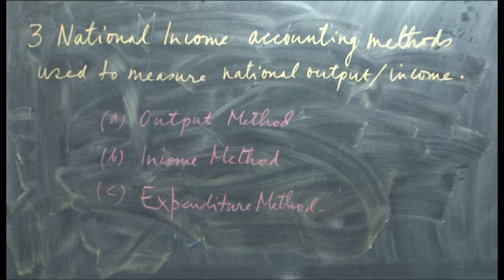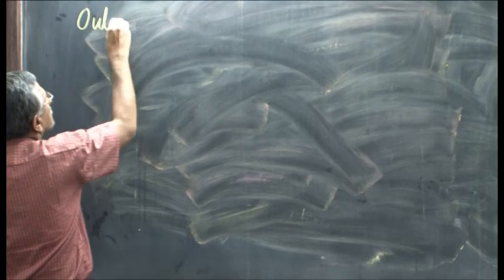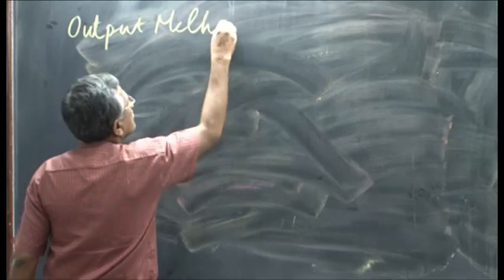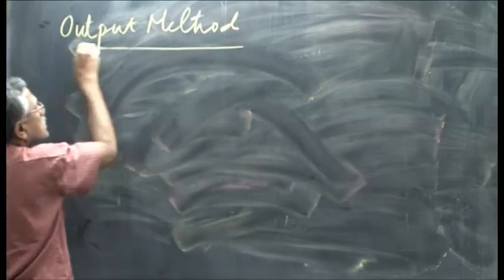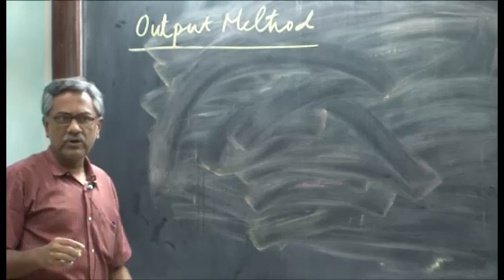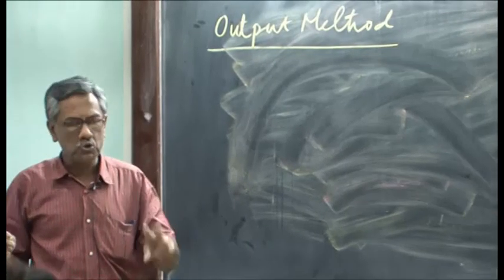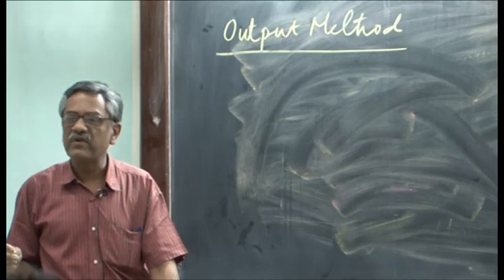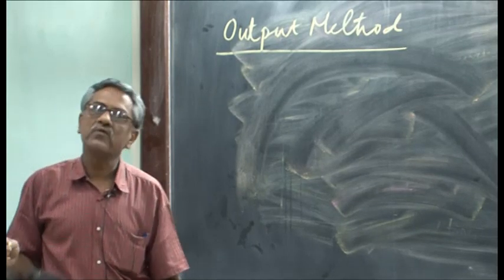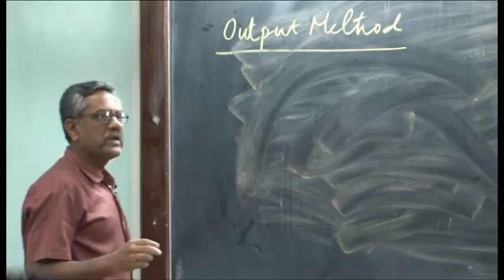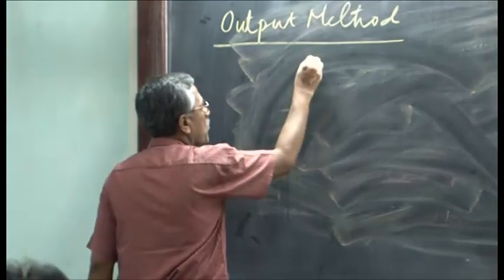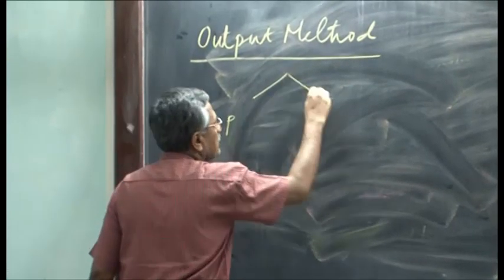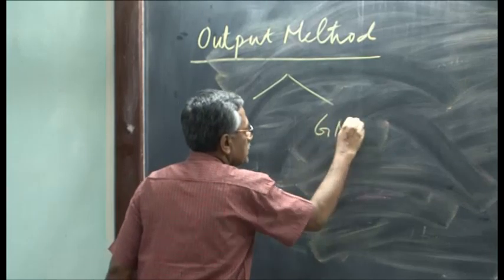Now let's talk about the output method. Under the output method, when you use that, there are essentially 2 sets of variables that are measured and very popular in the literature. All of you probably know this. Output method is used to measure one variable called GDP and another variable called GNP.